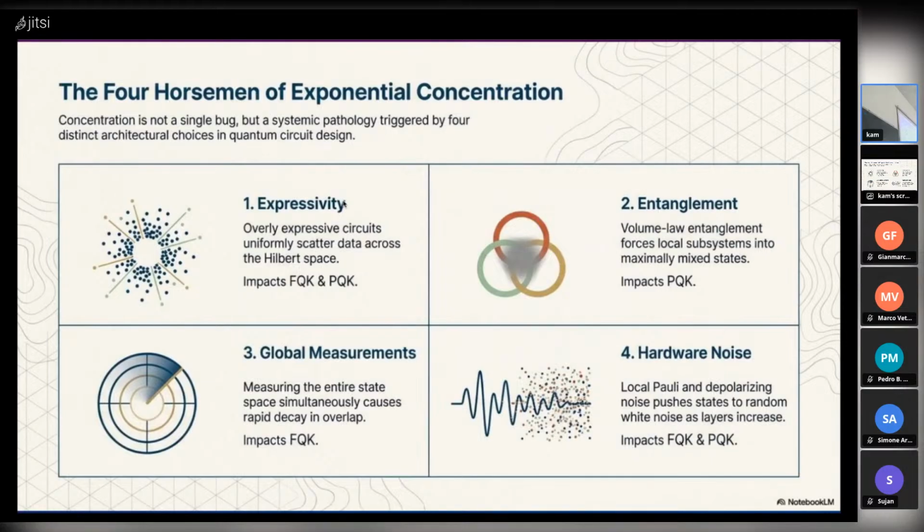But I understand that for expressivity and entanglement, because those are about how you encode the information, right? But the measurement is not related to how you encode it, or is it? It depends. I guess the meaning here is that on the circuit, some methods use the measurement as part of the algorithm. Then in that case, if you have the global measurement, it will have a similar issue.